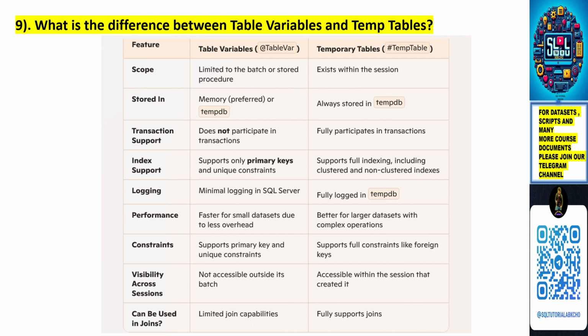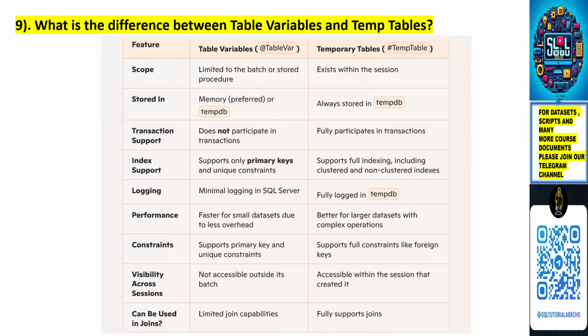Now index support: a table variable supports only primary keys or unique constraints, whereas a temporary table supports full indexing, including clustered and non-clustered indexes. Now according to logging, a table variable has minimal logging in SQL Server, whereas a temporary table is fully logged in tempdb. According to performance, a table variable is faster for small datasets due to less overhead, whereas a temporary table is better for larger datasets with complex operations.